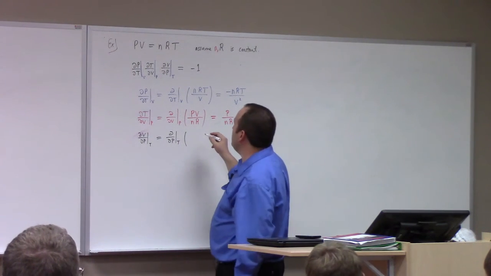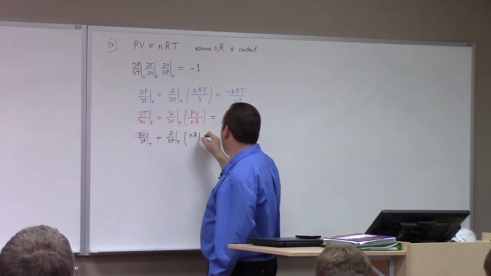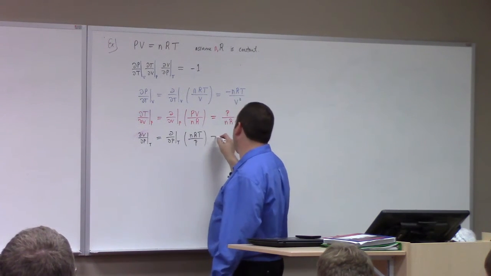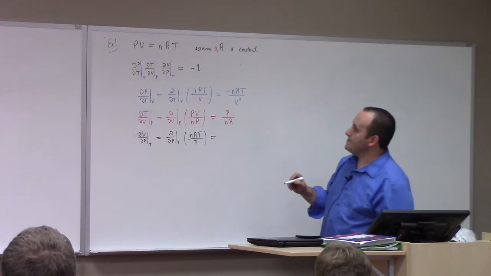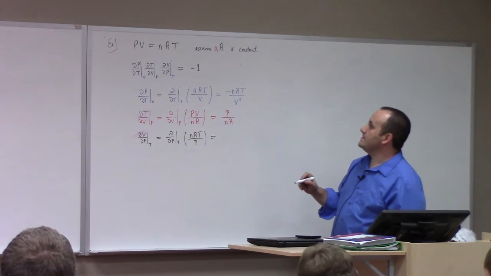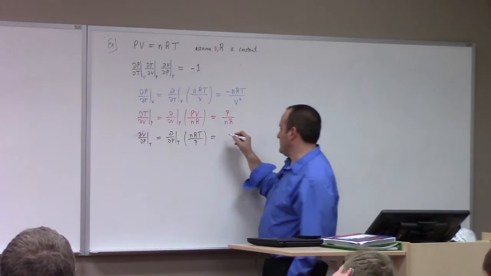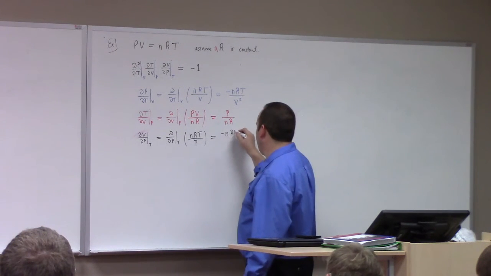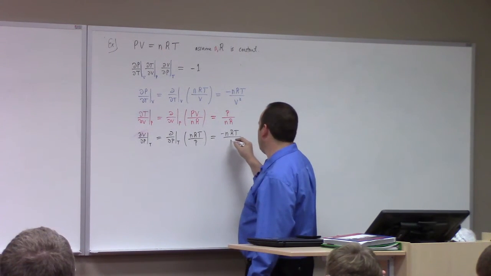V is nRt divided by p, right? So I get minus nRt divided by p squared, right?